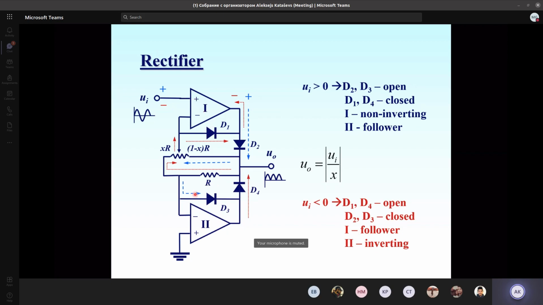In this circuit the first amplifier now works as a follower because of the feedback through the diode D1, which is open now, and the second amplifier works as an inverting amplifier with the input resistor X times R, because D2 is closed.